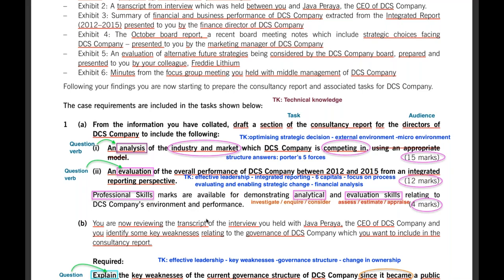That means this is your task. There's something that you have to do for the directors of DCS. That means that's your audience.